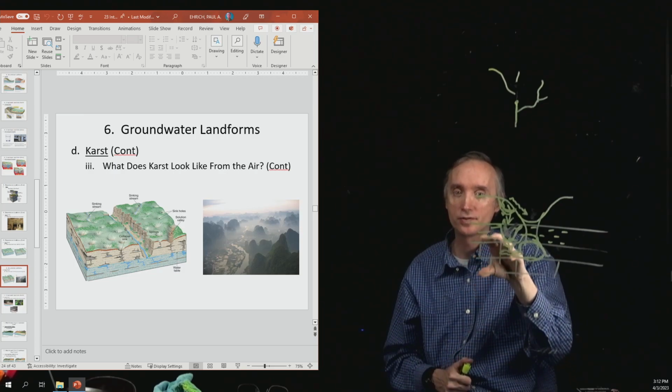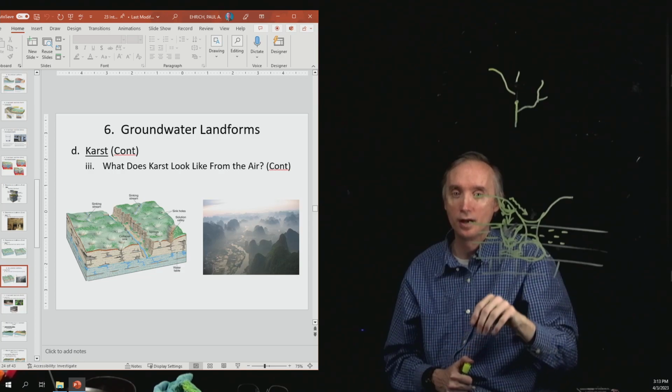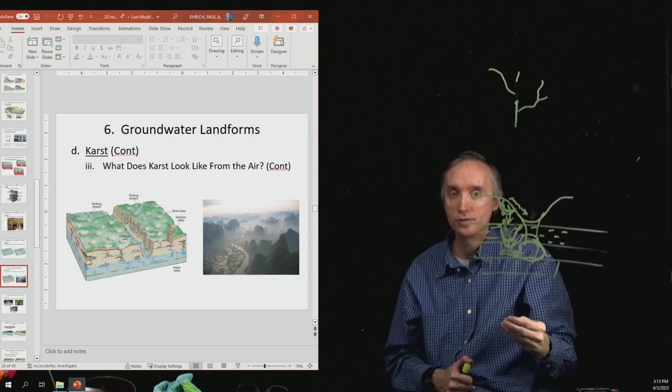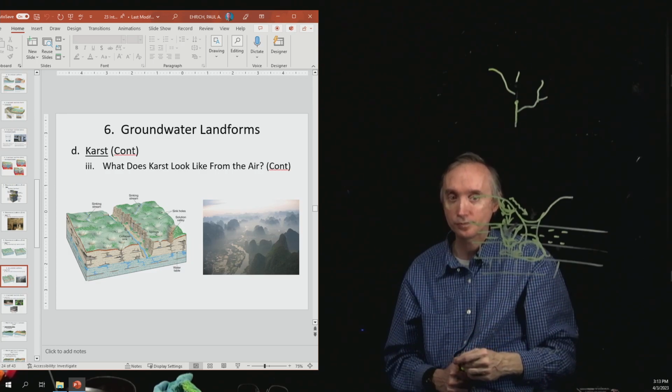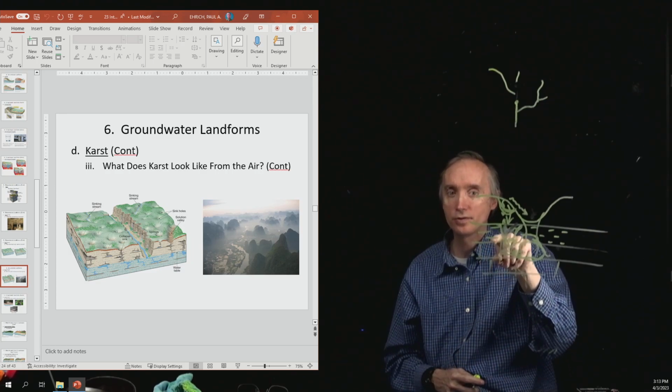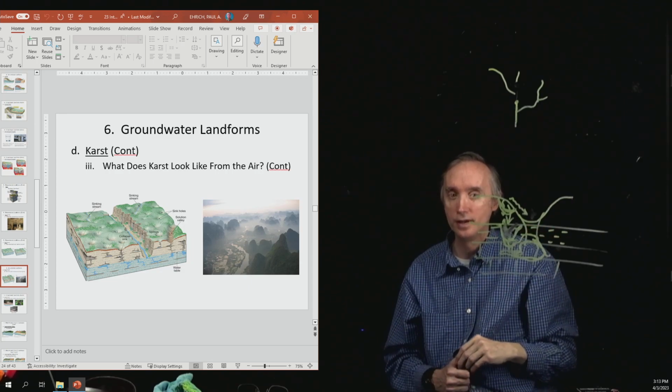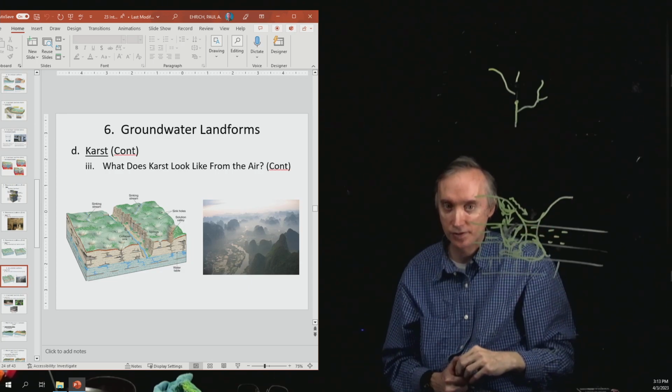And so you'll notice that there is a lot of sinkholes above the ground, a lot of disappearing streams, reappearing streams, and solution valleys.